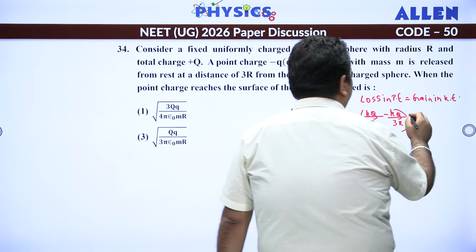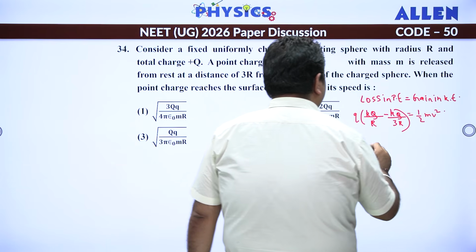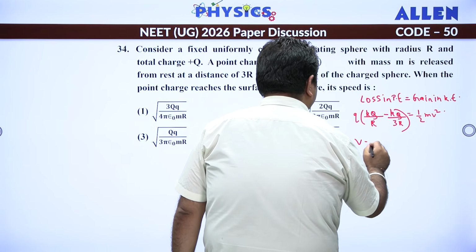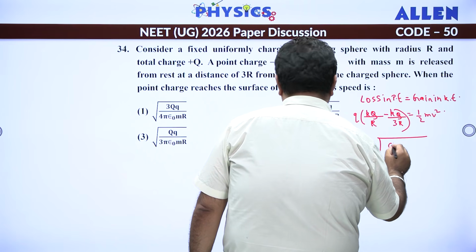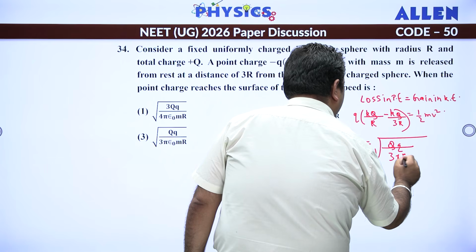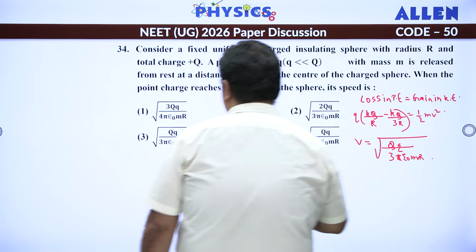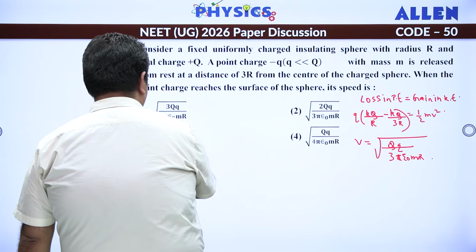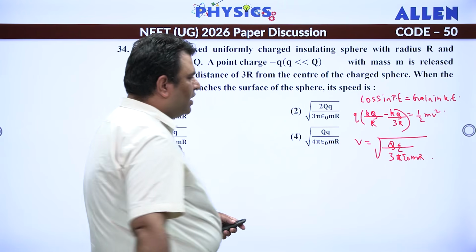That should be equivalent to what? Half mv squared. So v comes out to be under root Qq divided by 3π epsilon naught m r. So correct answer is third option for this. Moving on to the next question after this.